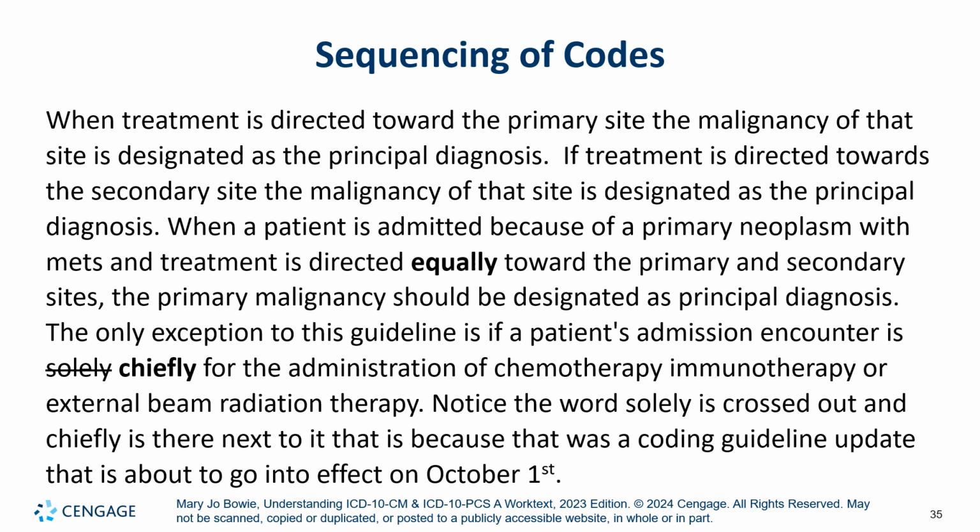When a patient is admitted because of a primary neoplasm with mets and treatment is directed equally towards the primary and the secondary sites, then the primary malignancy should be designated as the principal.